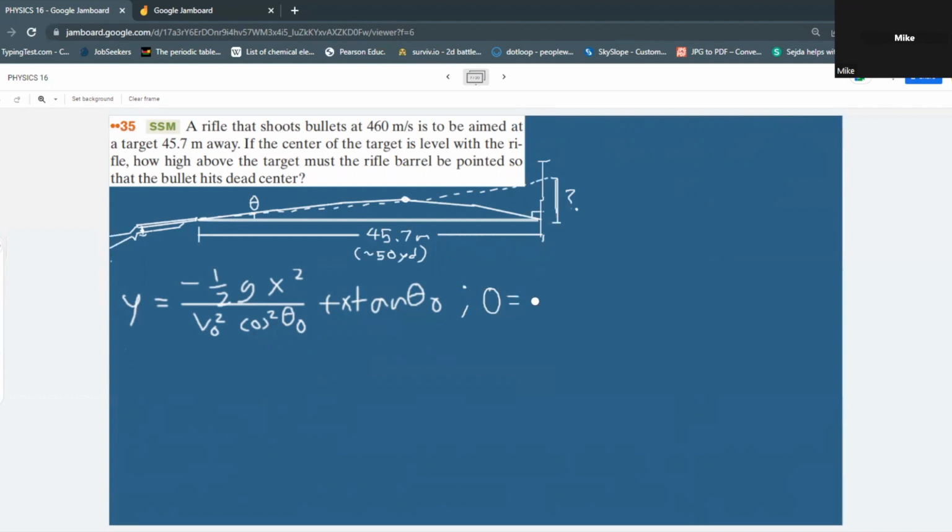Now, when y is 0, you can substitute. So, negative 1/2 g d squared over 2 v naught squared cosine squared theta, plus d tangent of theta naught.